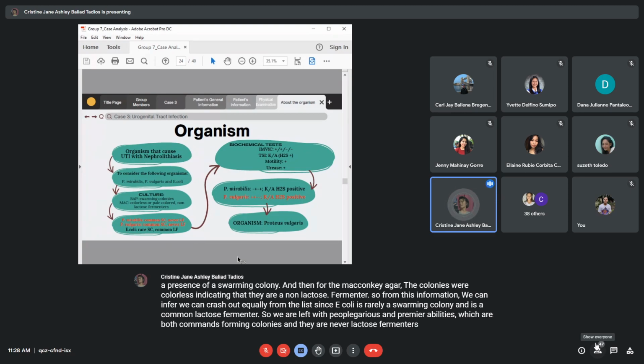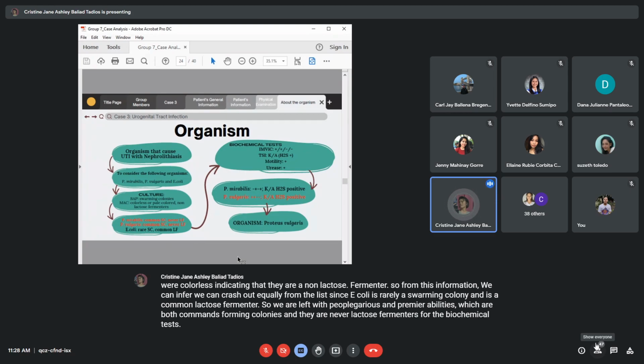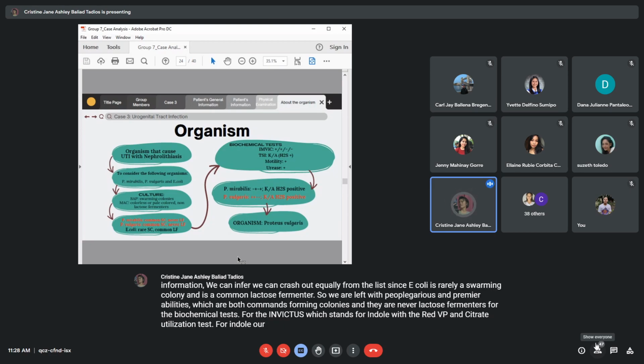For the biochemical tests, for the IMViC test, which stands for indole, methyl red, VP, and citrate utilization test, for indole, our organism tests positive.